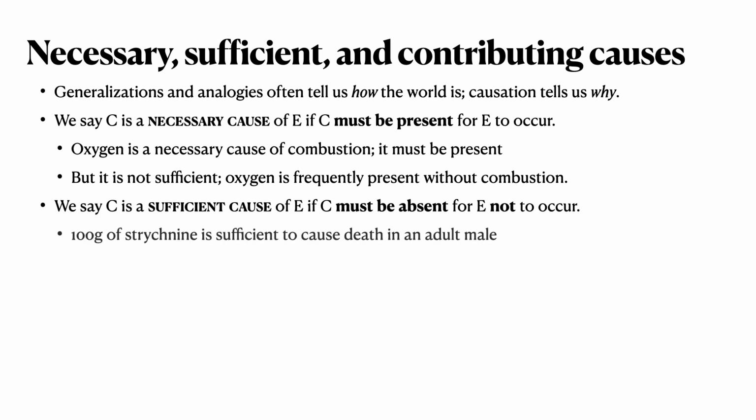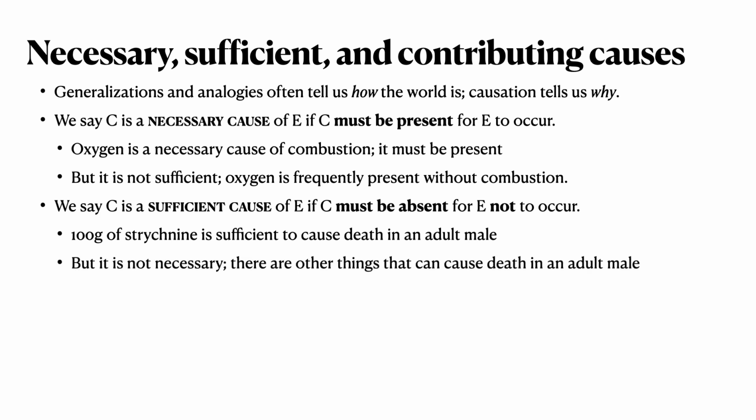There's an example of a sufficient cause. 100 grams of strychnine, which is a poison, happens to be sufficient to cause death in an average adult male. But it's not a necessary cause. There are a lot of other things that can cause death in an adult male. Lots of ways to buy the farm that have nothing to do with strychnine. But if you have 100 grams of strychnine, nobody lives through that.